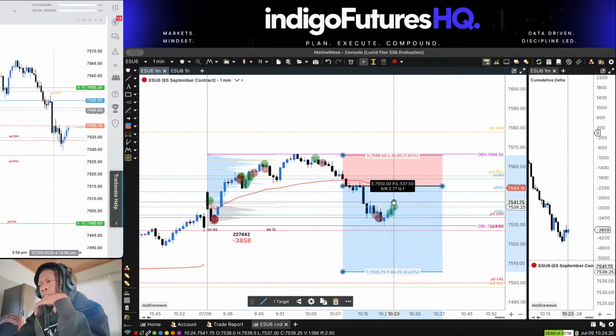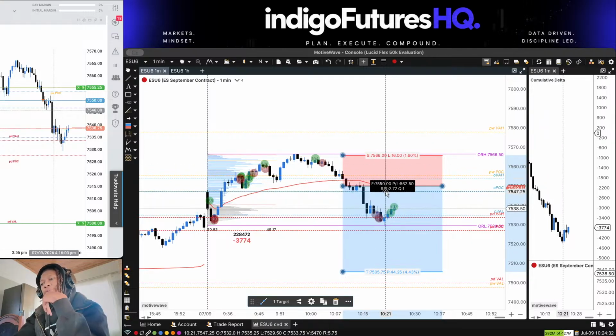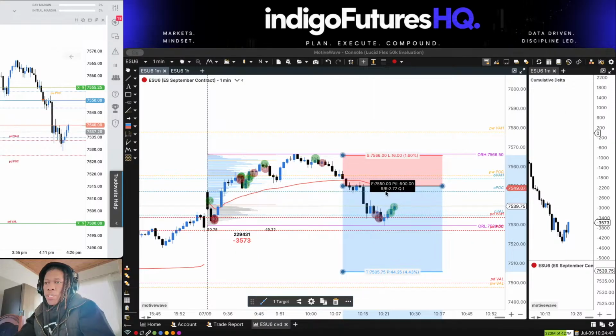Don't want this to move inside 540s. A move inside 540s would be a move back inside of this volume profile. Scared money don't make no money. Back inside the 540s.